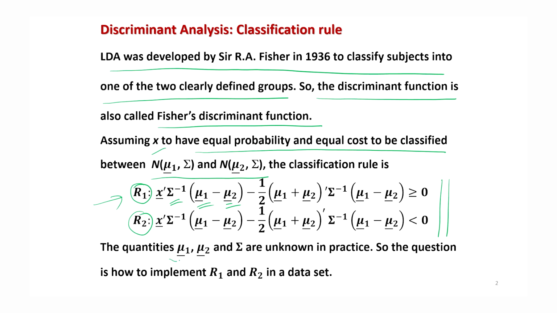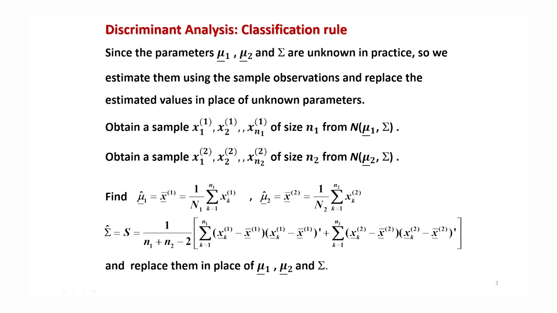But since mu1, mu2 and sigma are unknown in practice, the question is how to implement R1 and R2 in a real data set. So what we try to do is observe two samples. First we observe a sample x1, x2, up to xn1 from population 1 of size n1 from normal mu1 sigma, and we estimate the sample mean vector, x bar 1, which is the estimator of mu1.